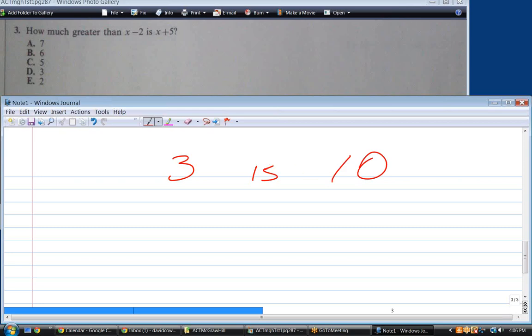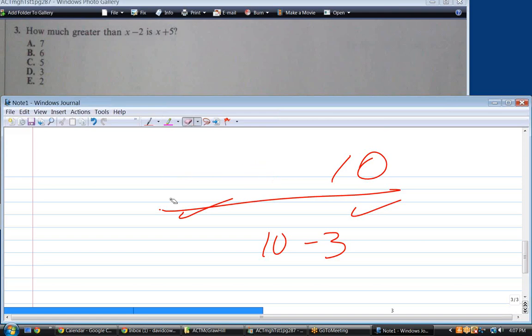What's the answer to this? How much greater than 3 is 10? 7. Okay, so what did you do? You subtracted this minus that. In other words, you did 10 minus 3. Yes. Do exactly that here.